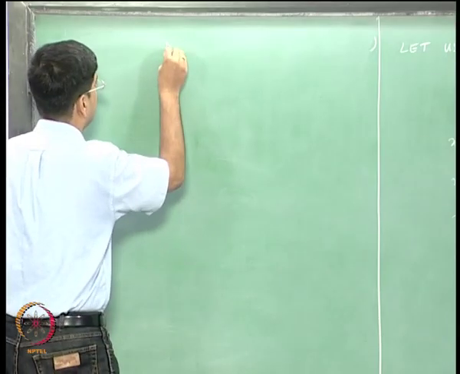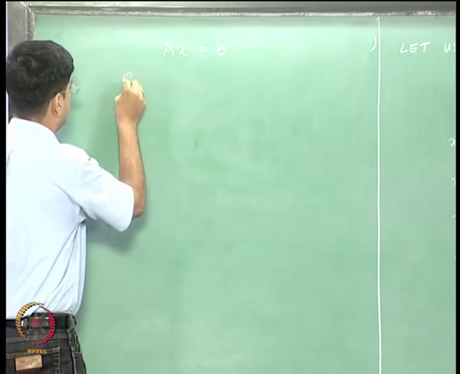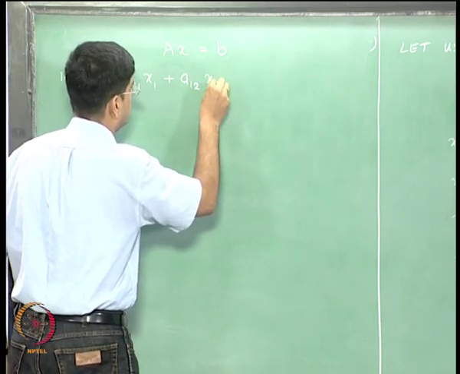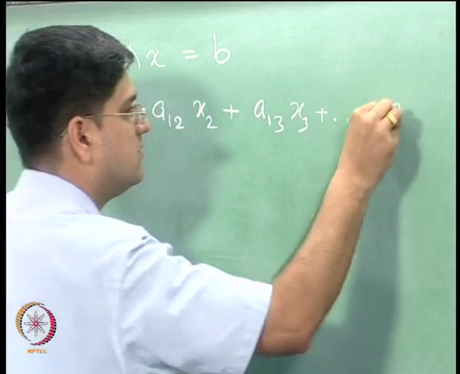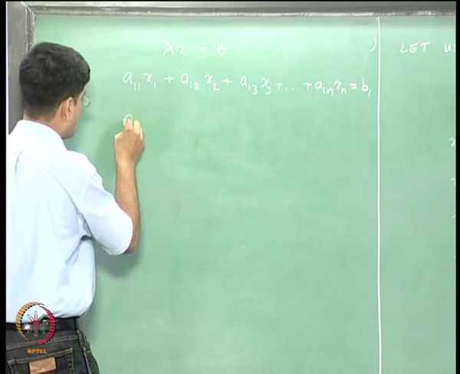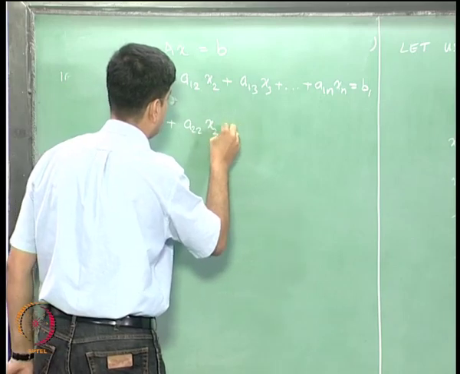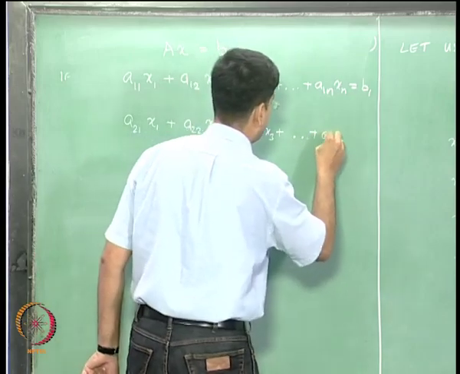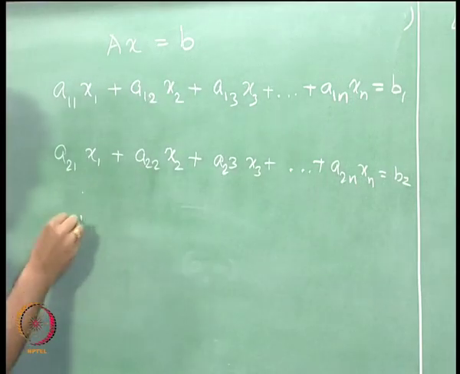We have the equation Ax equal to b, and we expand that equation, so we can write this as a11 x1 plus a12 x2 plus a13 x3 and so on.